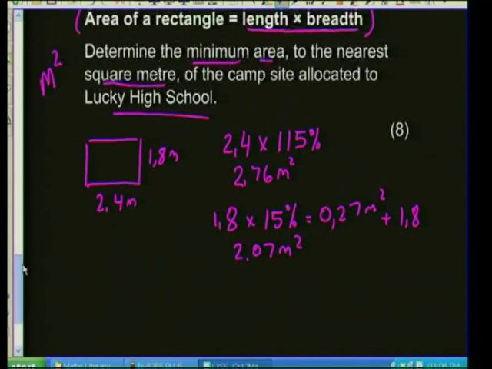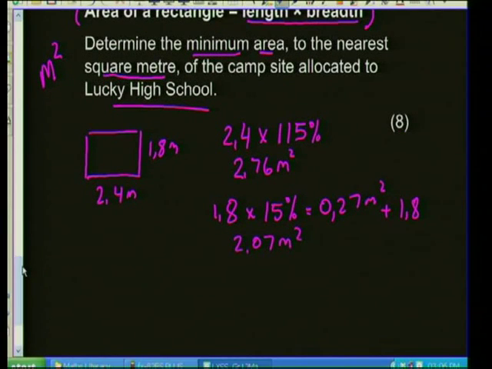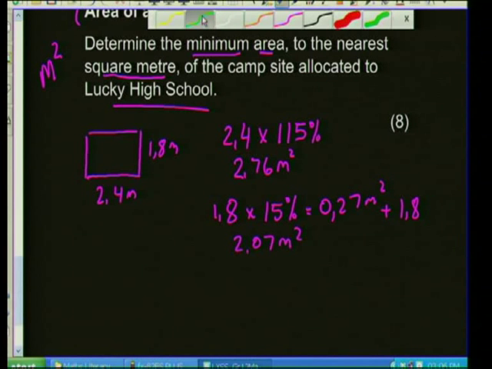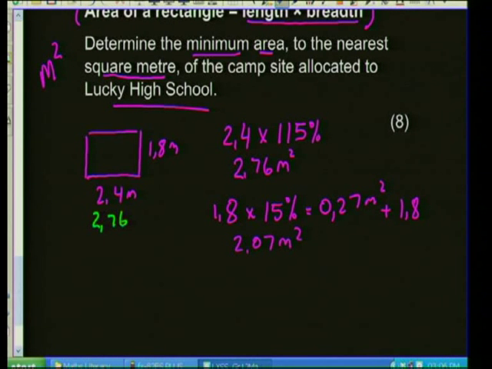So for one tent, I need to work out the area of one tent. So I know my area now is, let's change colors so that we can see this, this is 2.76 and that's 2.07. So the area of one tent is 2.76 times 2.07.